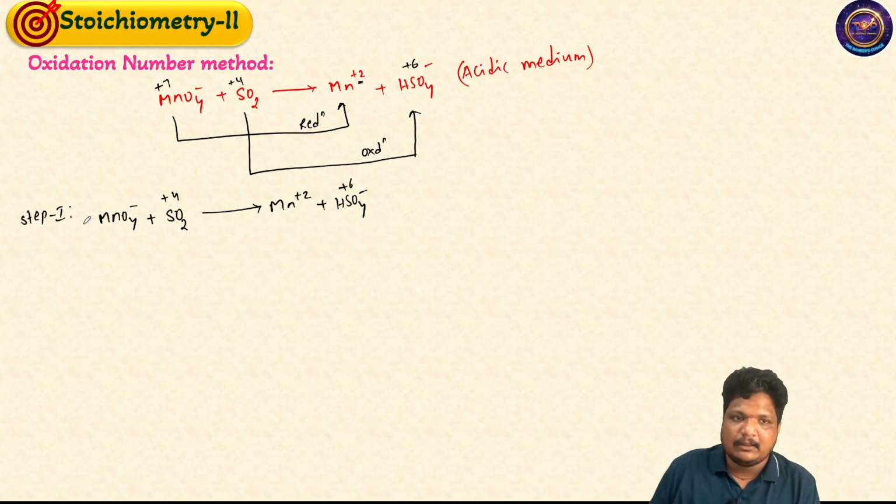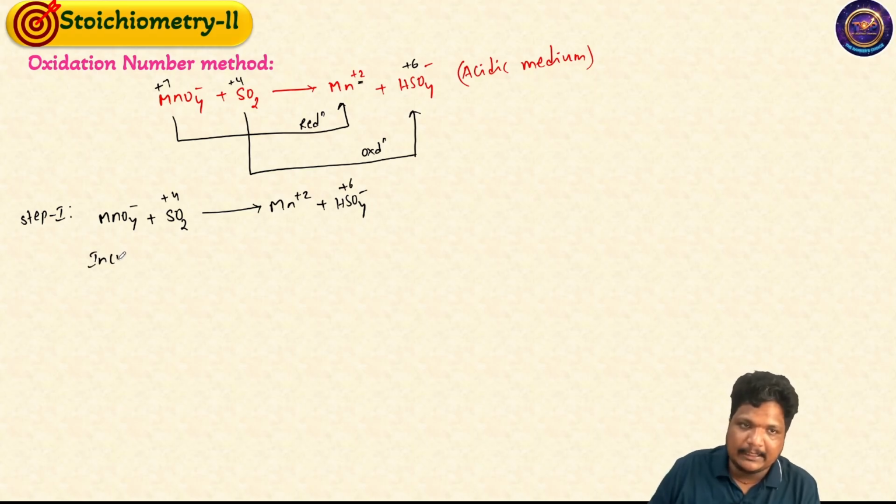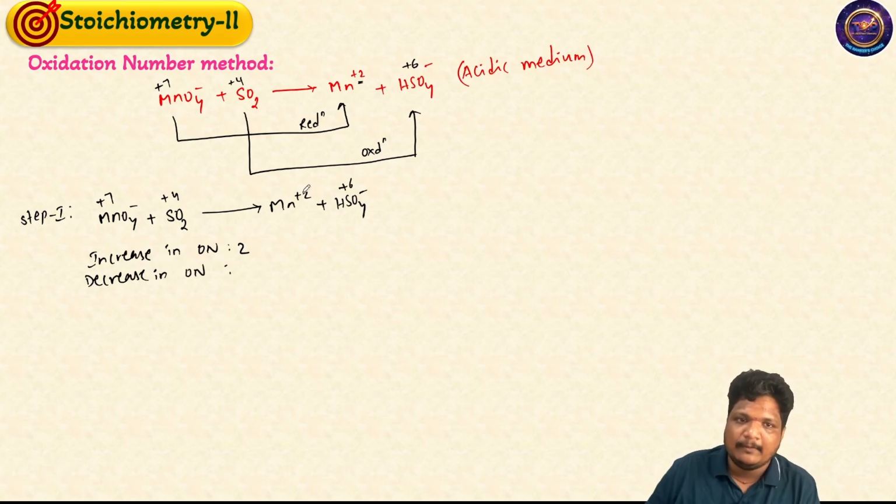Next, let us find out the increase in oxidation number and decrease in oxidation number. Here the increase in oxidation number is +4 to +6, that is 2. The decrease in oxidation number is +7 to +2, that means 5 electrons are transferred.